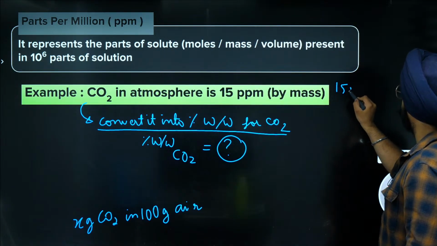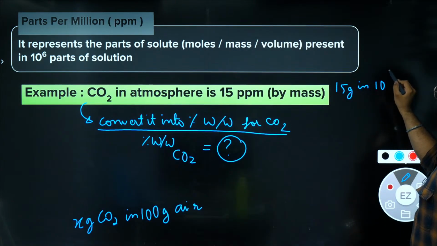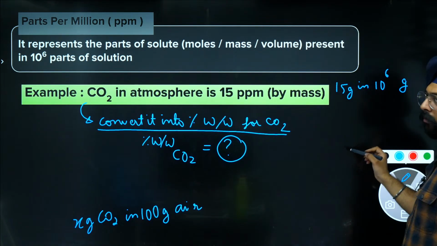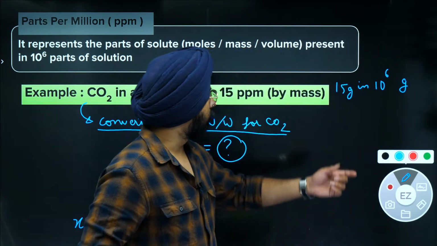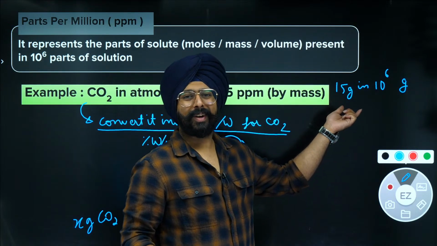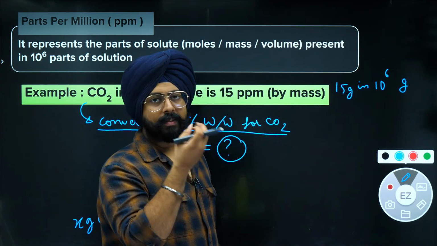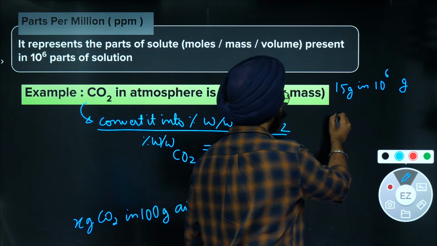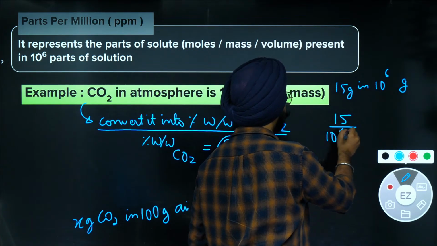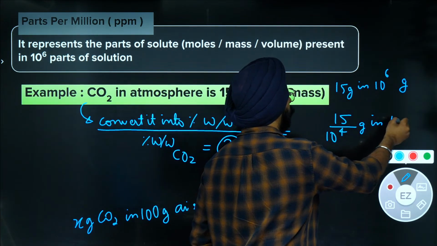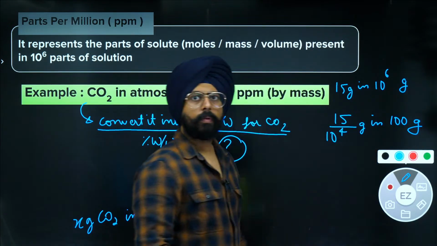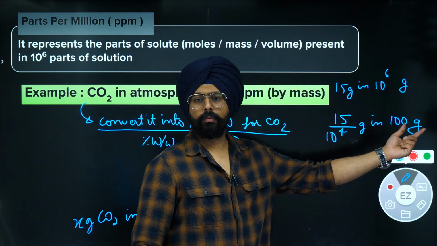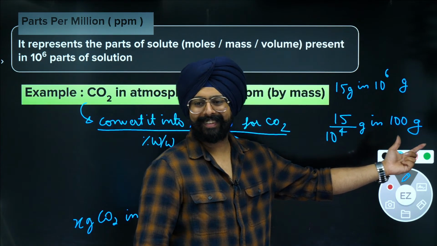So this is 15 grams in 10 to the power 6 grams. You just have to convert this into 100, right? So let's divide by 10 to the power 4 on both sides. So 15 divided by 10 to the power 4 grams in 100 grams. 10 to the power 6 by 10 to the power 4 is equal to 10 to the power 2, that is 100.